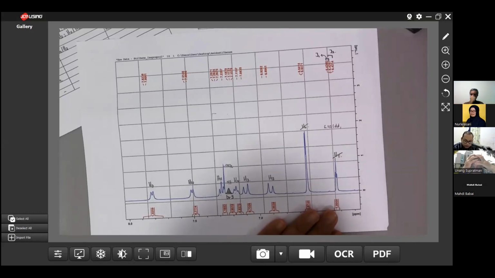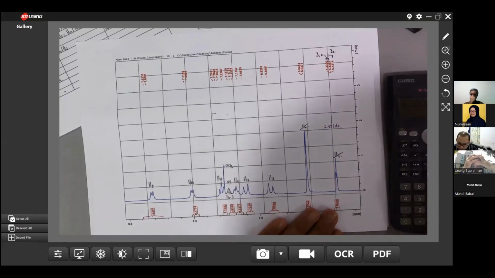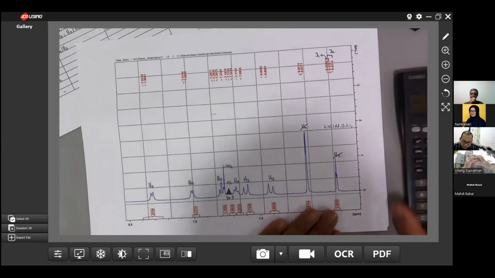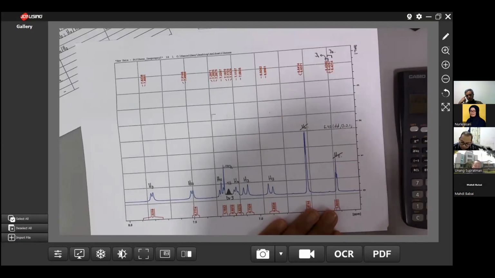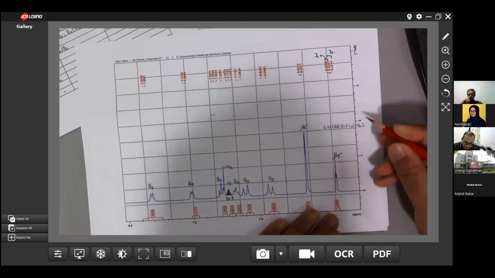So the value is between 6.4300 minus 6.4257, times 500. The first doublet value is 2.1 hertz. The second one, 6.4257 minus 6.4214, times 500, also 2.2 hertz. This is 1 proton.